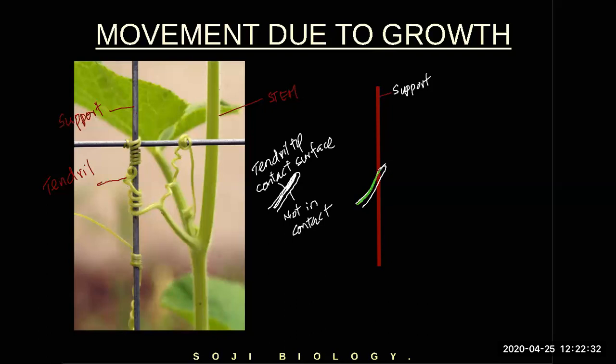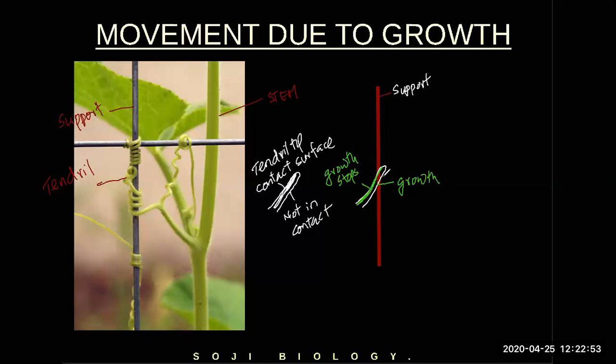And in plants, remember, when any part of the plant comes in contact with any object, it stops growing. So on this side, the growth stops. When the growth stops here, the other side continues to grow.